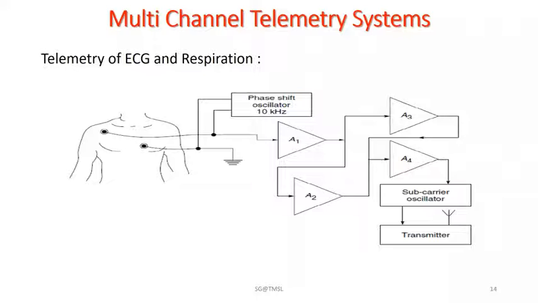With appropriate pre-amplifiers, the multi-channel systems permit the transmission of different parameters simultaneously, depending upon the number of channels required: ECG and heart rate, respiration rate, temperature, intravascular and intracardiac blood pressure can be monitored.